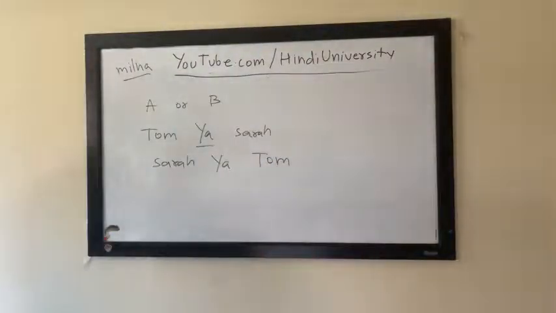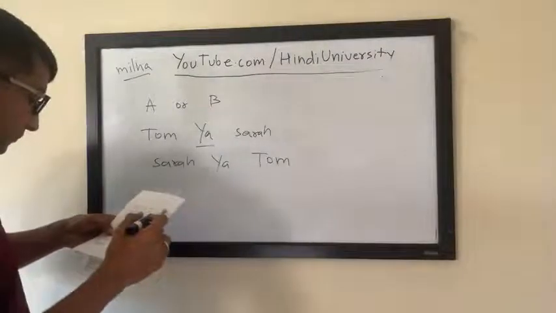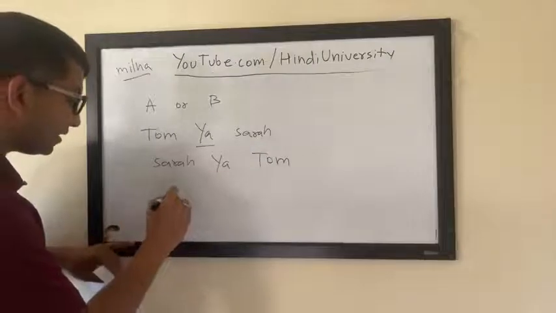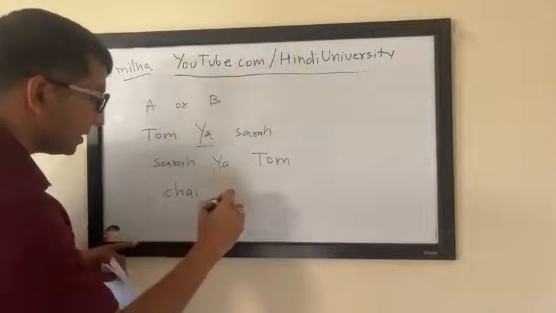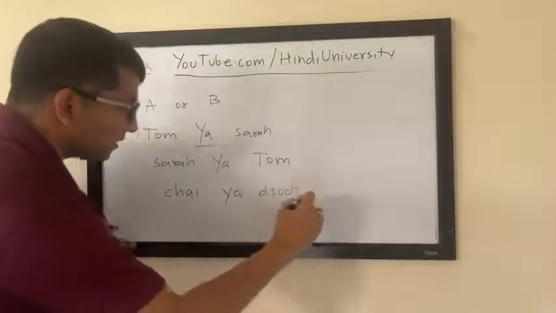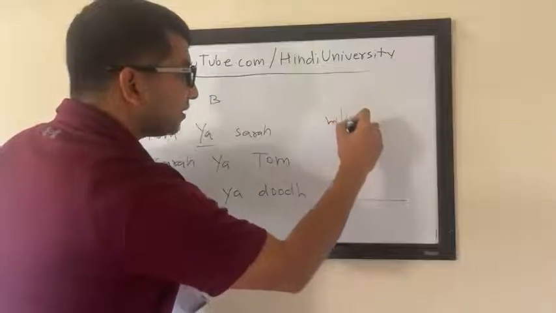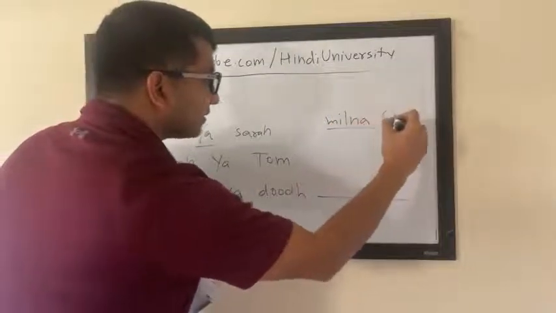Let's say you go to a restaurant, and you want to say you will get either chai ya doodh, and then you have to use the form of milna, which is like to get.